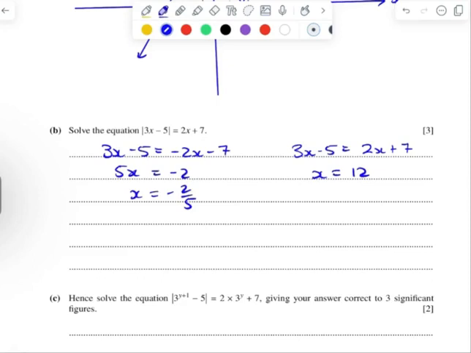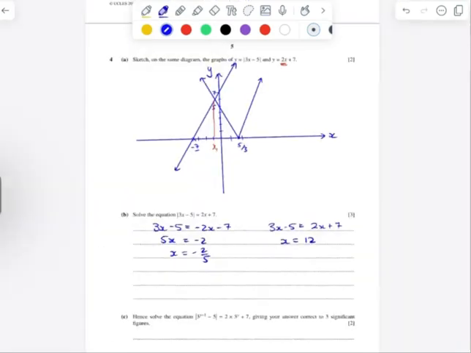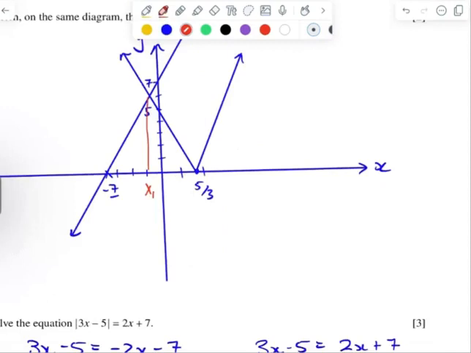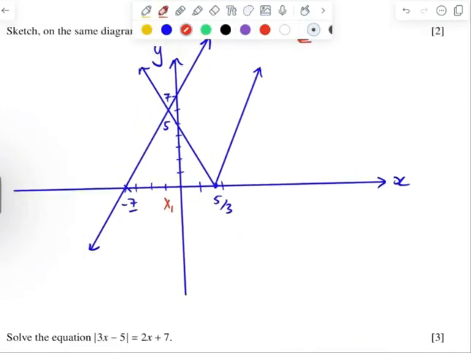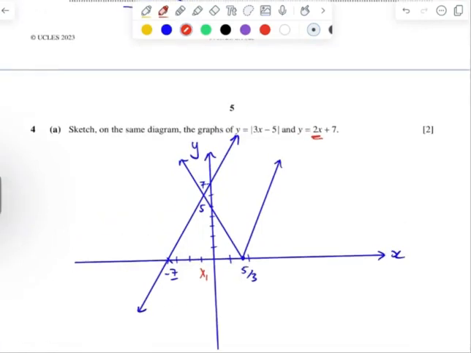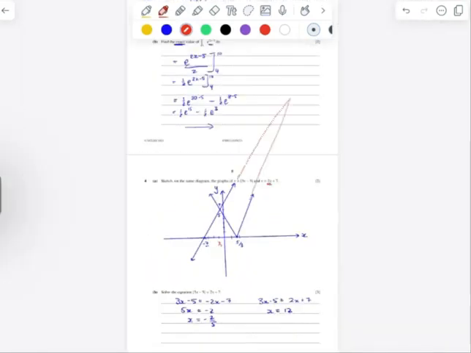Does that look correct? And then does 12 seem correct? So if I just take a look at my diagram, 2 over 5 is about 0.4. Okay, so that is possible if I drew mine a little bit more accurately. And then a value of 12, we said they're going to be intersecting somewhere up here. So that also makes sense. Okay, so those are my values.